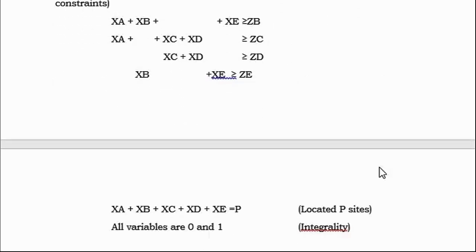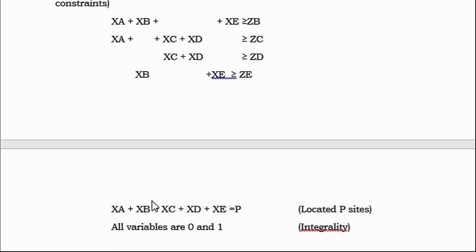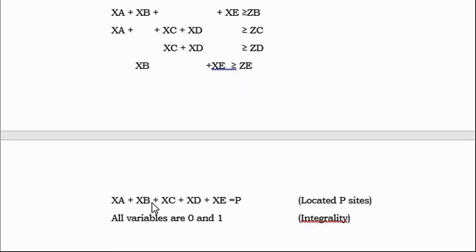We have the located P sites: XA plus XB plus XC plus XD plus XE is equal to P, and all variables are 0 or 1 for integrality.